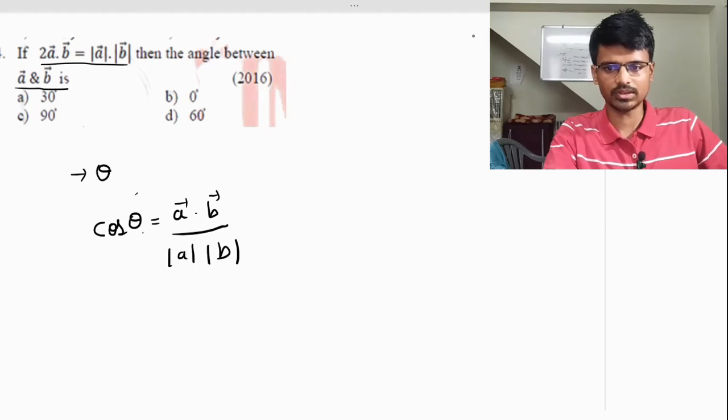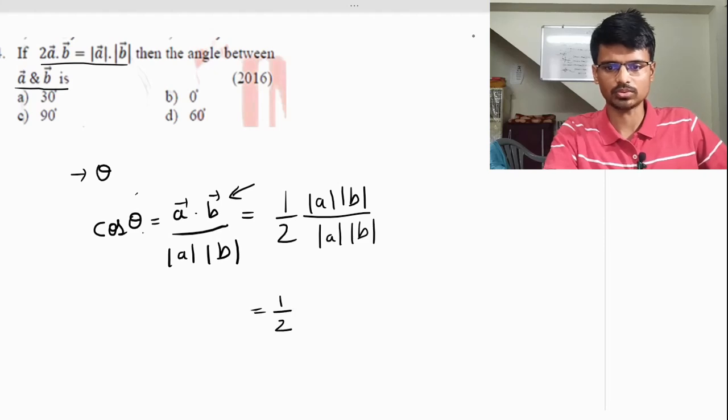So we'll be using this. Just substitute what a bar dot b bar is from the question. It is half of the product of the magnitudes, right? So this gets cancelled. I am only left with 1 by 2. So cos theta equals 1 by 2, which means theta equals 60 degrees. So the correct answer is option D.